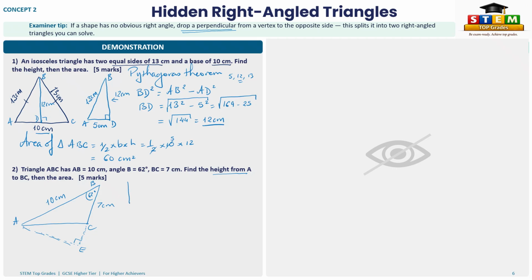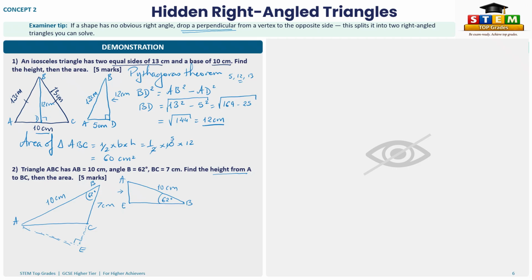So it would be good to draw the shape of this triangle. So we got AE. So that's 62 degrees, and that's 10 centimeters. So we're looking for AE. Let's call that B. Well, that is B already. So what you're looking for is this side, AE.